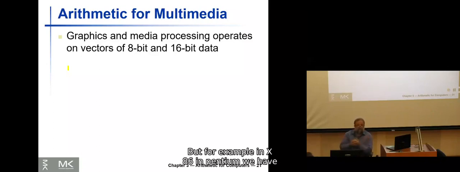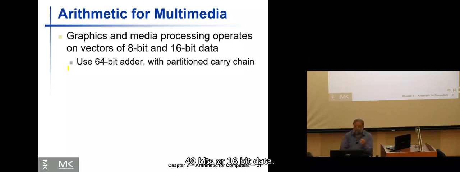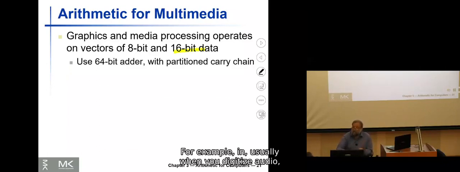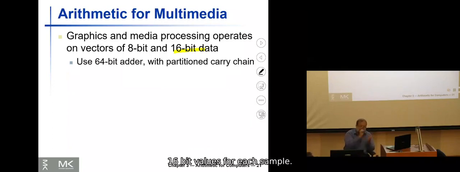But for example, in x86, in Pentium, we have these kinds of instructions that let you add 4 8-bit values. Or 16-bit data. For example, in audio, usually when you digitize audio, you get 8-bit or 16-bit values for each sample. So again, here you need a 16-bit operation, not a 32-bit operation.